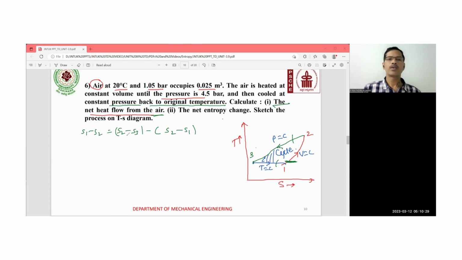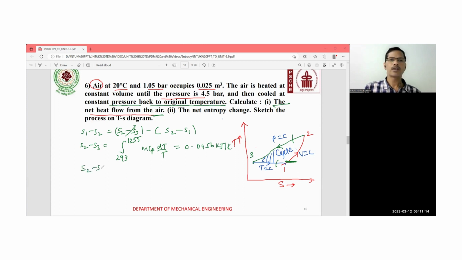The formula for the constant pressure process, going from 293 to 1255, is m Cp dT by T. When you sort it out, you will get the answer as 0.0456 kilojoule per Kelvin.